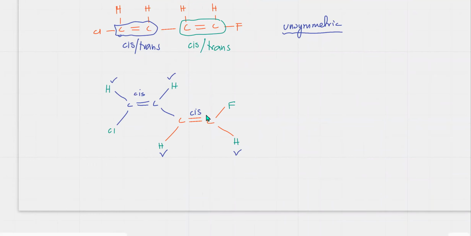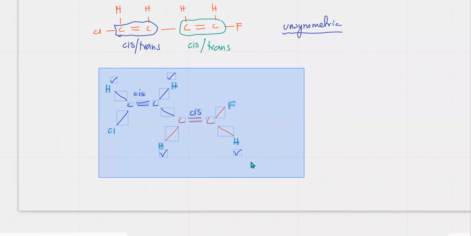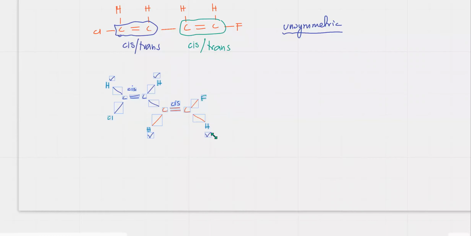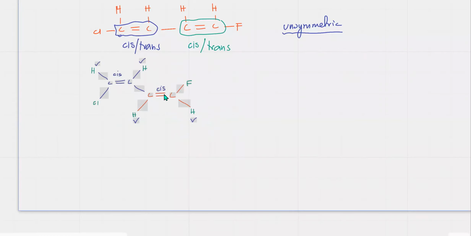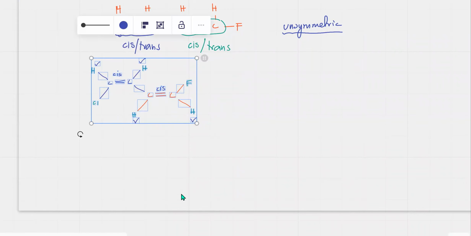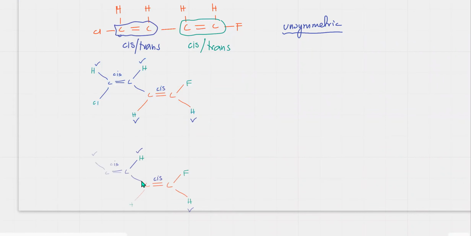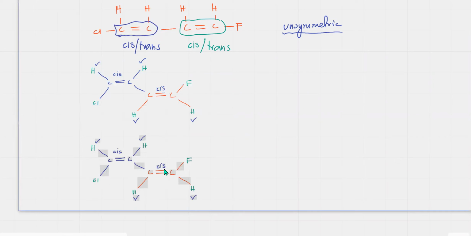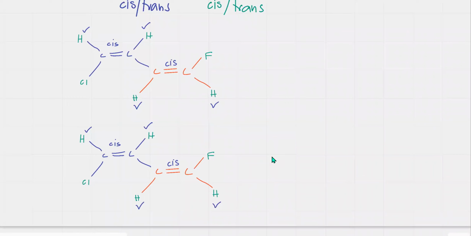Let's say the first one is cis and this one is trans. So I'm just going to copy this molecule, kind of make it smaller. I'm going to draw the other version, which is going to be exactly the same, except that the orientation of the bonds is going to be different, which means that over here, this one is not going to be cis. I want to make it trans. Now for trans, the H atoms must point in opposite directions.